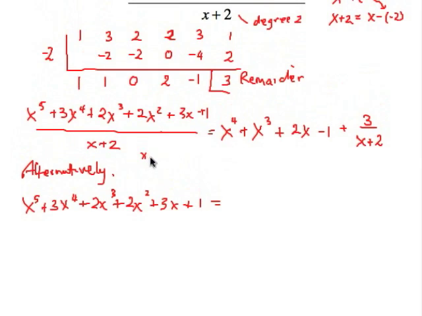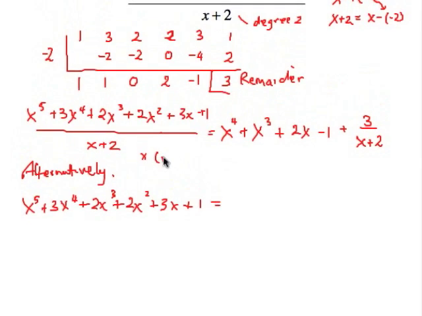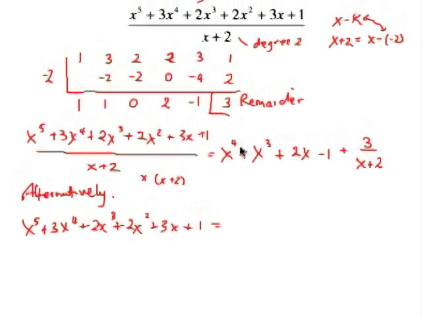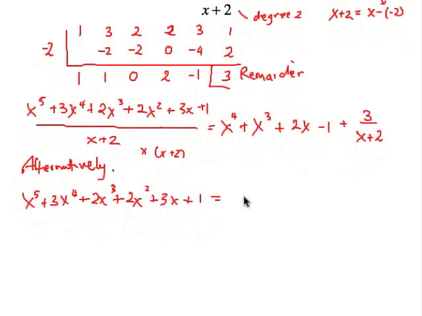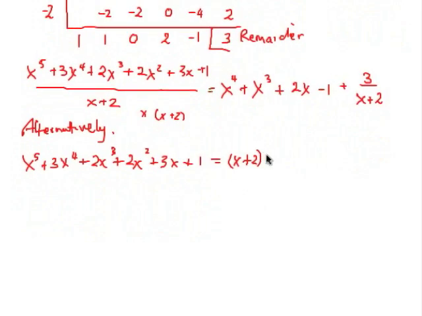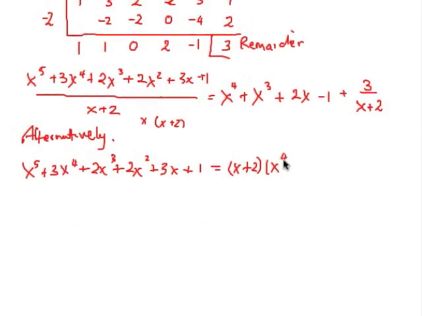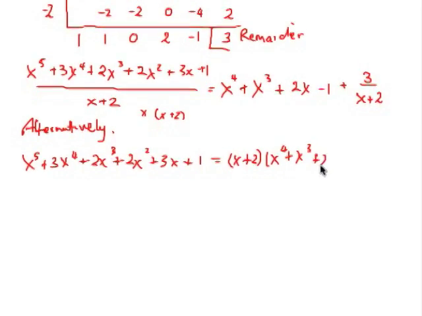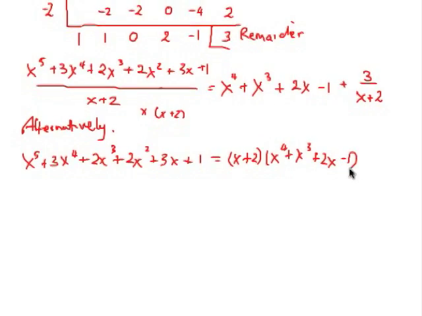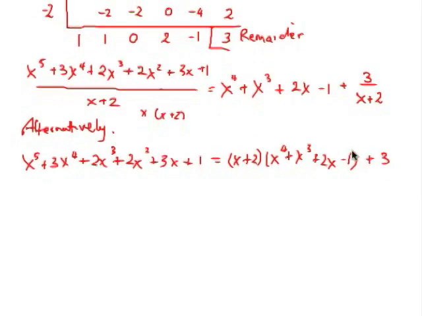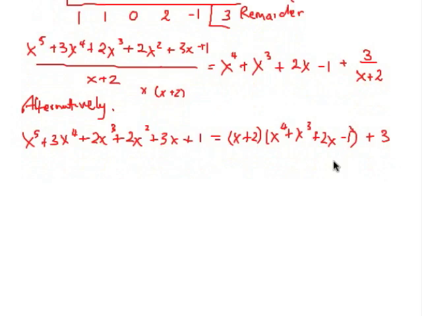Now we're going to multiply both sides by x plus 2. Notice what happens here. This will cancel out, and this will cancel this one out. So I'll have x plus 2 times this polynomial that we ended up with, and of course the x plus 2 will cancel out here, and that'll leave me a 3 there.